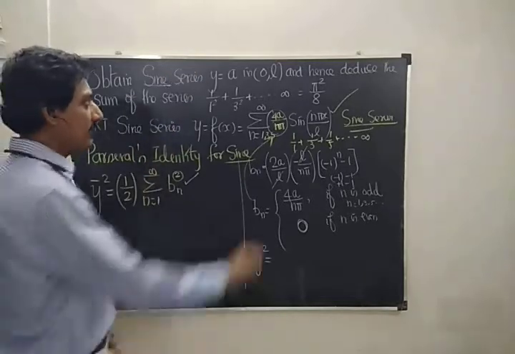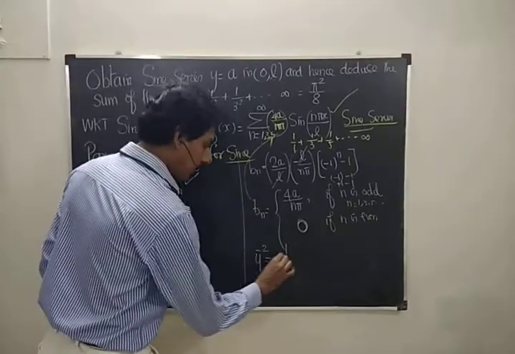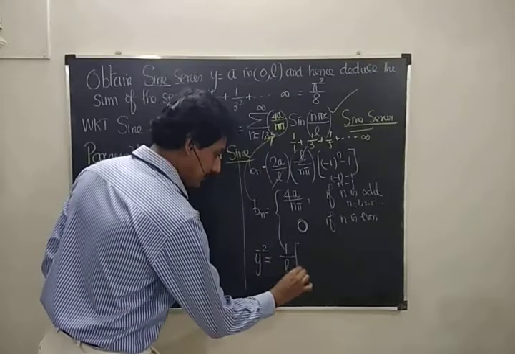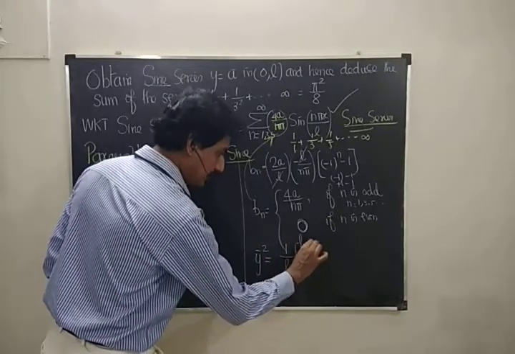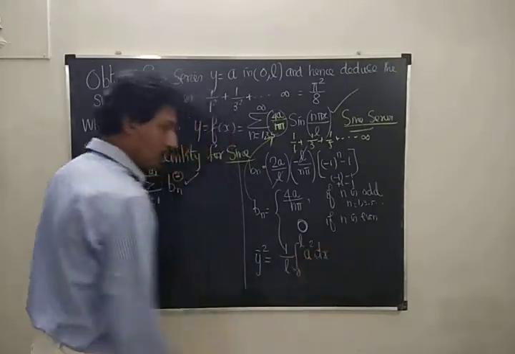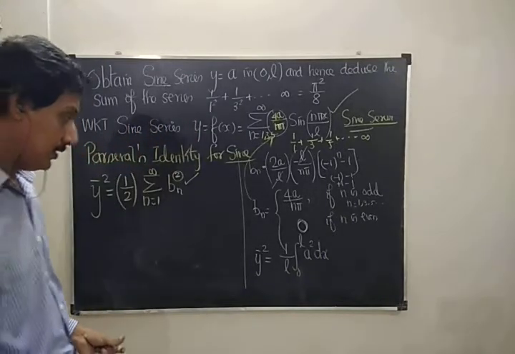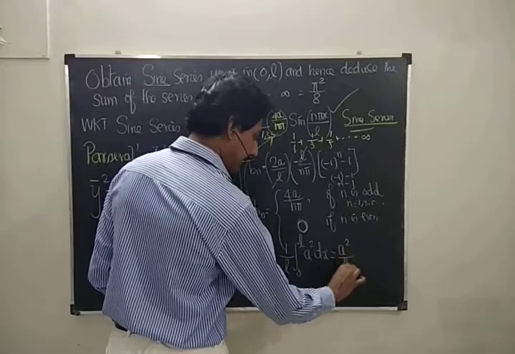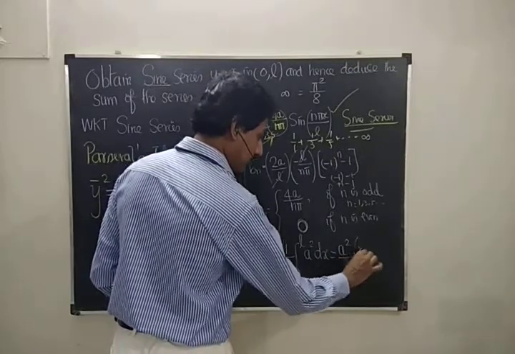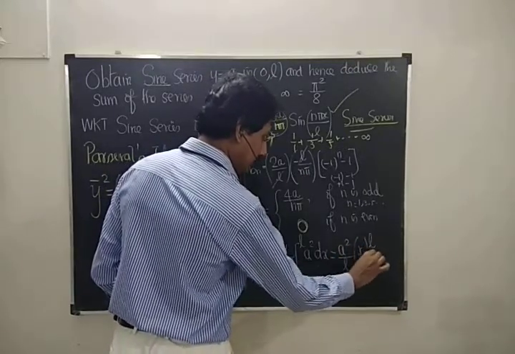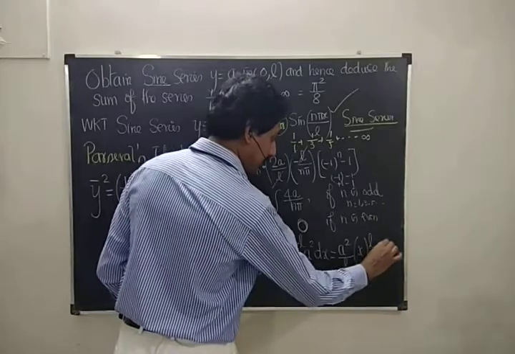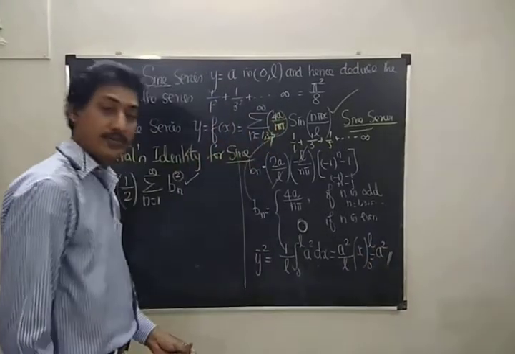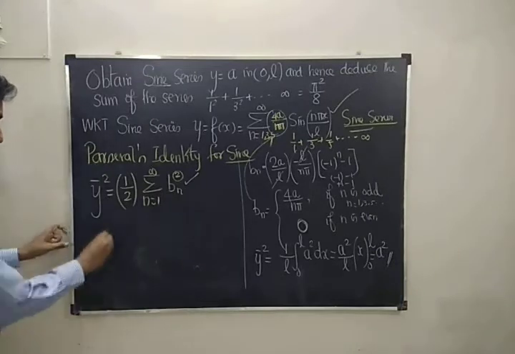A is a constant in the interval 0, L. So 1 by L integral 0 to L, square the function over the integral 0 to L. So a square is taken outside. So a squared by L integral dx is x from 0 to L. Substitute x is equal to L. We get a square as the answer after cancellation of L. So the left hand side is a square.